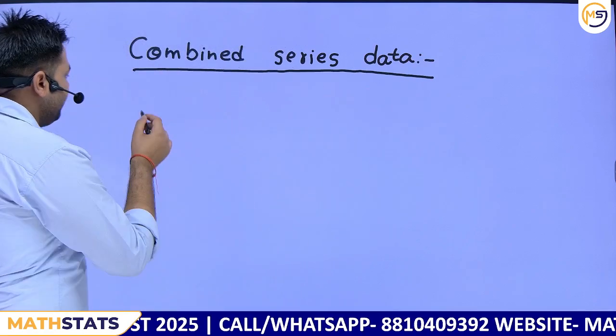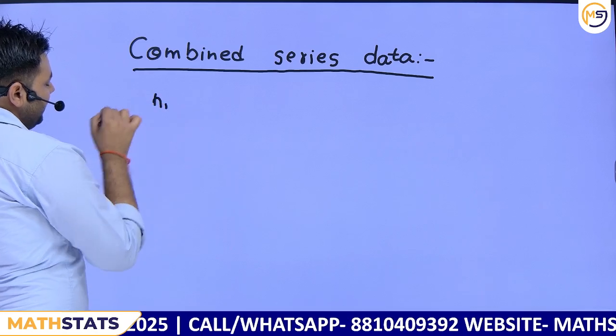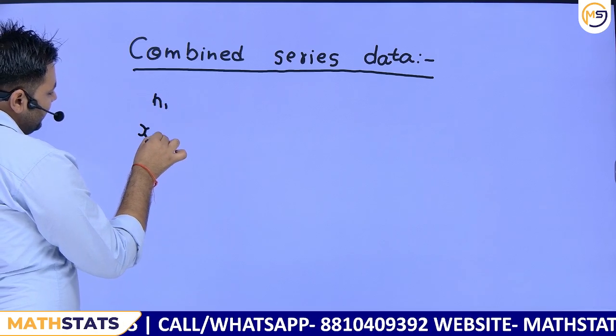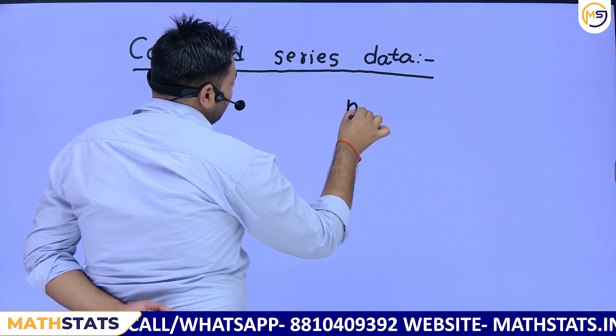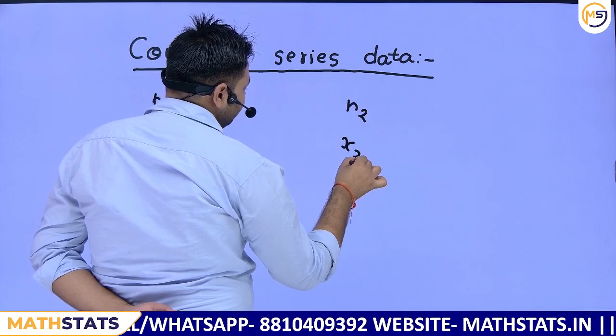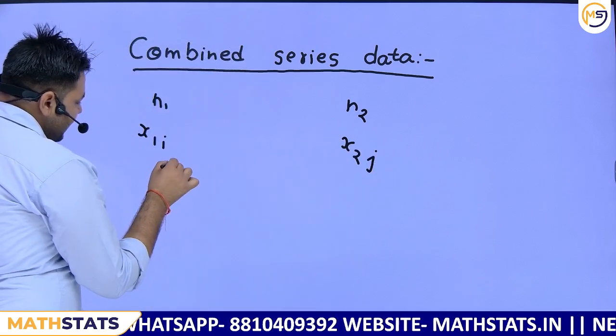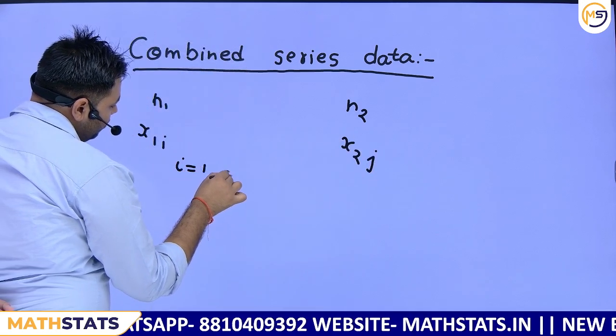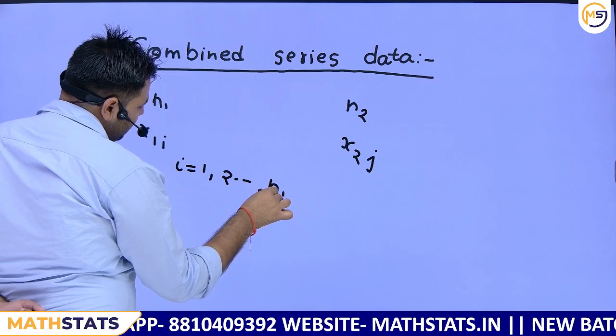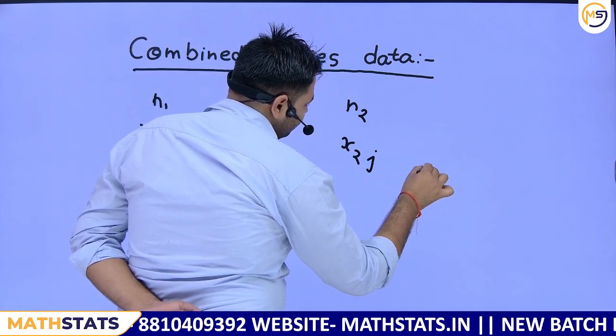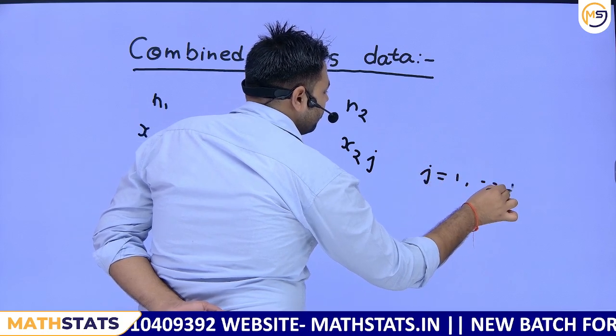Suppose we have two observations. This is n1 terms, say x1i, and here n2 observations, say x2j, where i equals 1 to n1 and j equals 1 to n2.